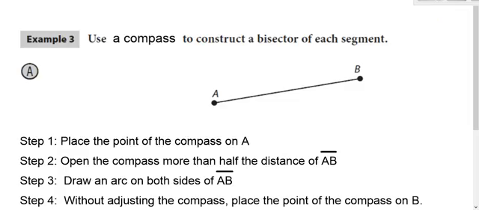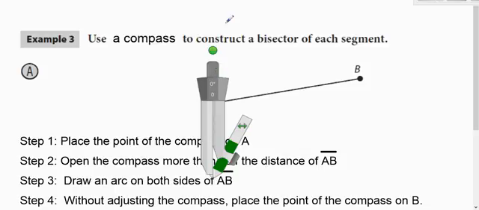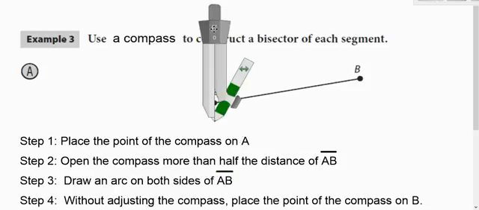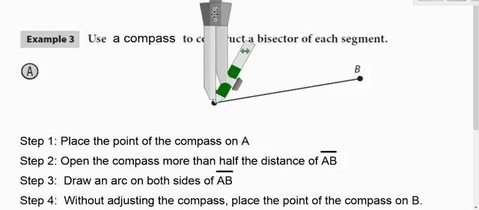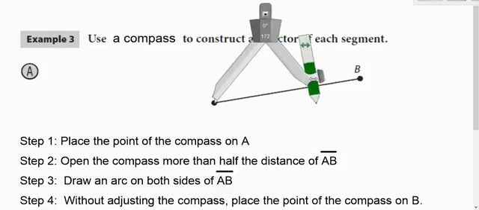So you can use a compass to construct a bisector. With your compass, you put the point of the compass on point A. And then you open up your compass, you stretch it out just more than half. So just kind of guess it.